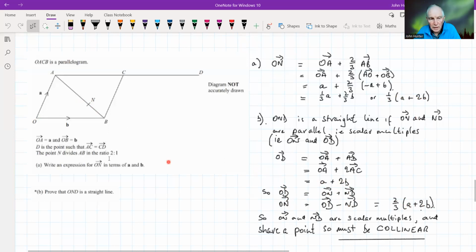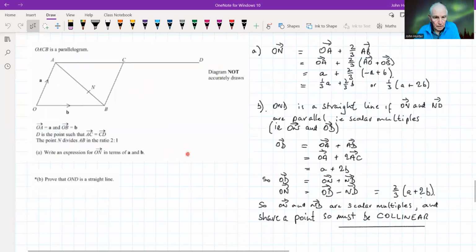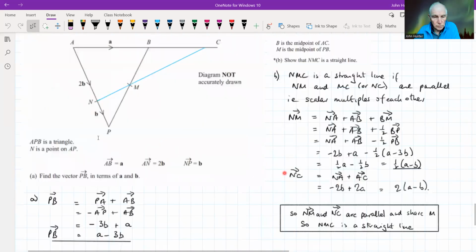So whether we use OD, that's this whole, or whether we use this bit of it, ON, they're obviously a scalar multiple, or ND, then they're a scalar multiple of this. So ON and ND are scalar multiples and share a point, so they must be collinear. Okay, a word which seems to always be spelt wrong. I think it would have one L, but apparently we've got to put two L's in it. Right. Okay, so that's straightforward.